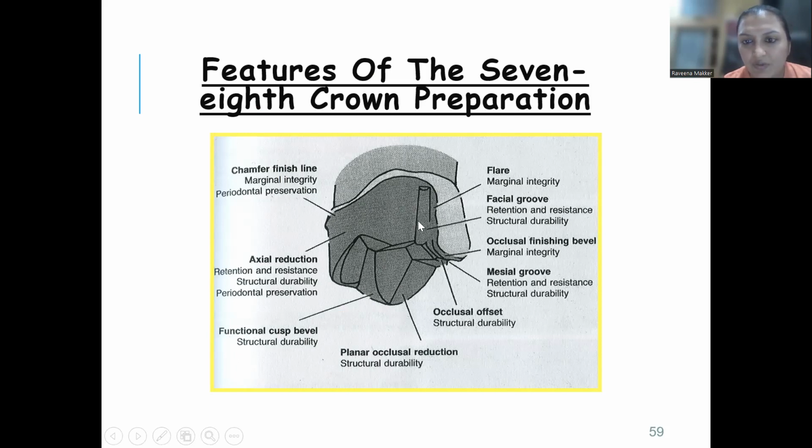Then is your facial groove, the facial flare, the mesial groove. Then connecting these two grooves is the occlusal offset and the occlusal bevel on the lingual incline of the facial cusp. So this is the 7/8 crown preparation.